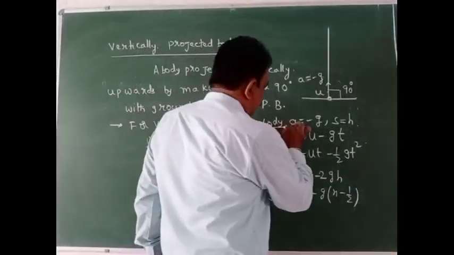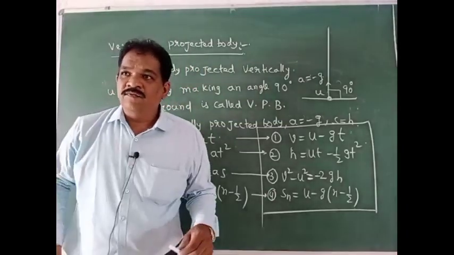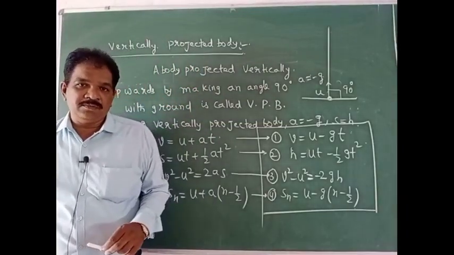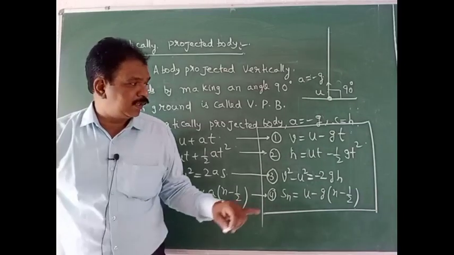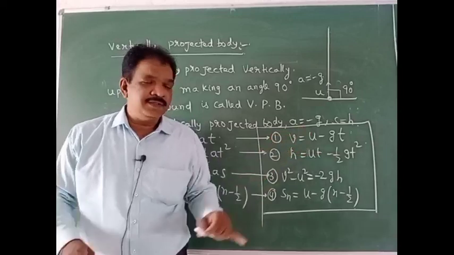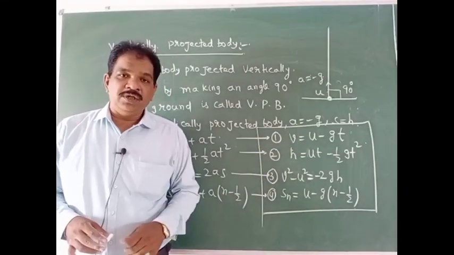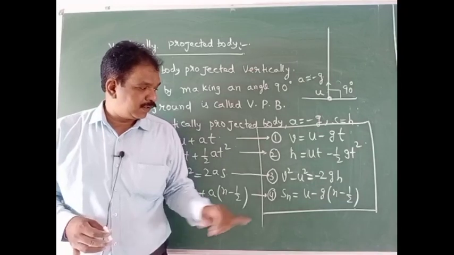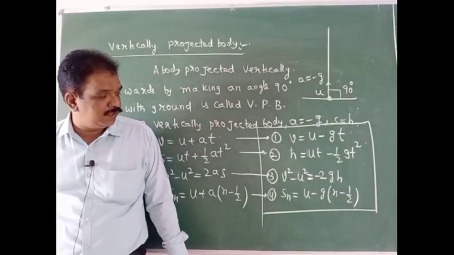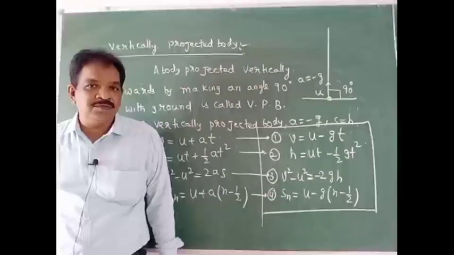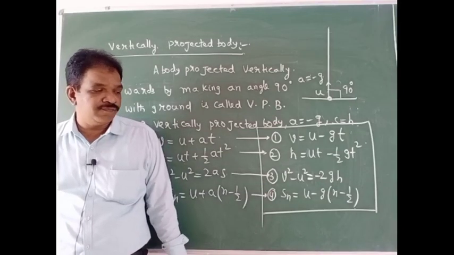So these are the equations of motion of a vertically projected body. What are the equations of motion of a vertically projected body? V is equal to U minus GT, H is equal to UT minus half GT square, V square minus U square is equal to minus 2GH, Sn is equal to U minus G into N minus half.